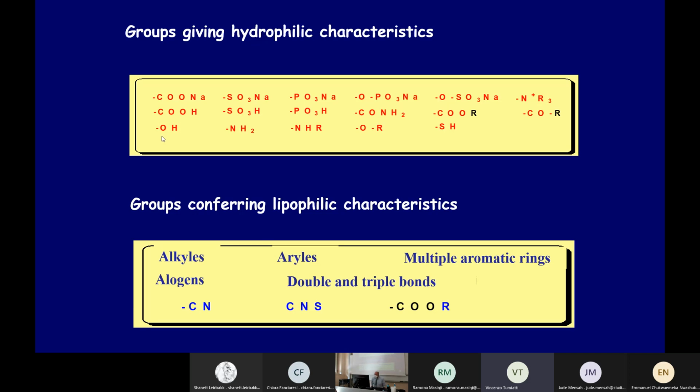OH groups are very important to increase the hydrophilicity. Aminic groups, thiol group, all groups able to give hydrogen bonds can increase the hydrophilicity of your molecule.